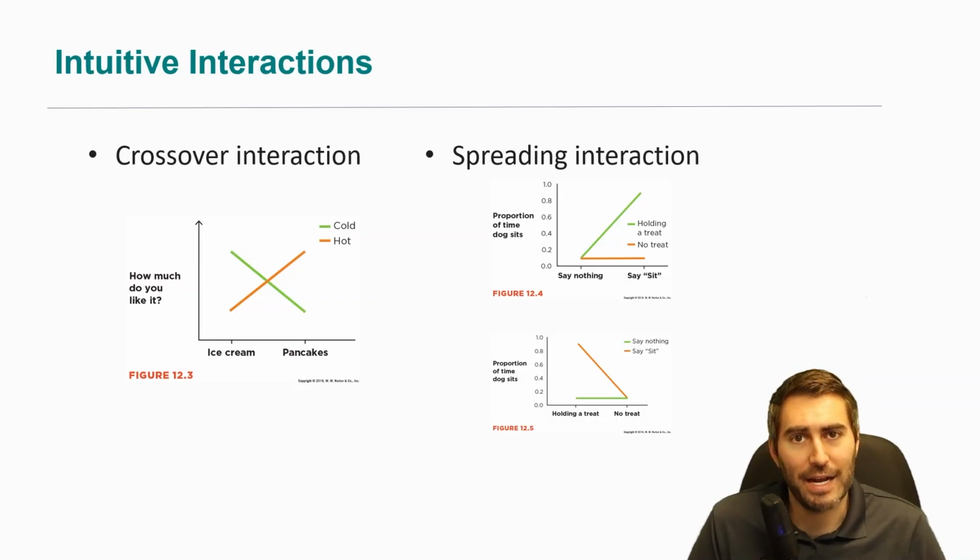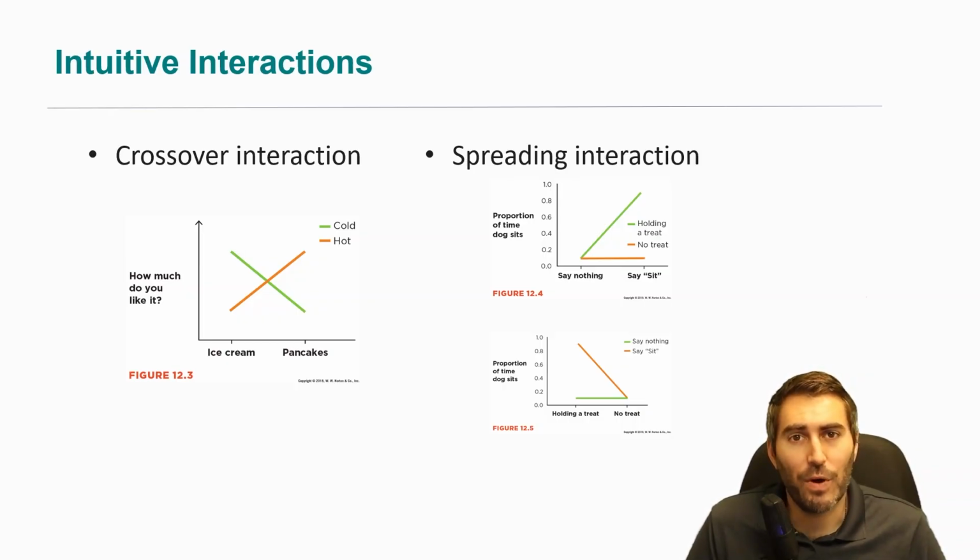We use one axis on the graph, here the bottom axis, to represent one of the independent variables, and the color of line to represent the other independent variable. We can see here, just by looking at the shape of the graph, that there is an interaction effect present. We know this because the two lines are intersecting or crossing over one another.